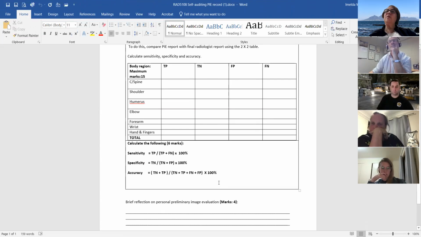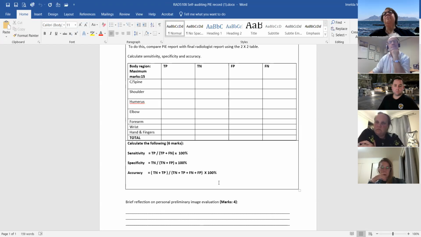So this is the form that you will use to upload your PIE cases. For the PIE record, for the 15 cases, that will be a Word document, and in that you will be including all of the images. And I will have different drop boxes for that on the Moodle site.